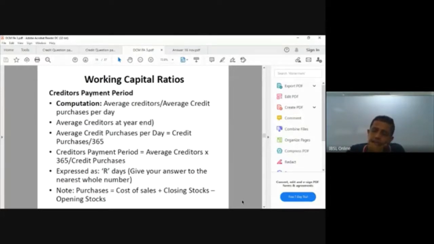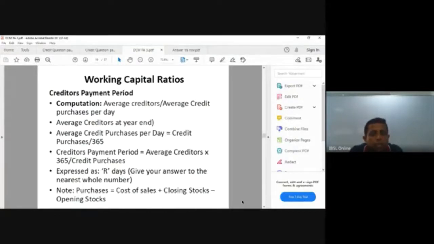Then under working capital ratios, the third one is creditors payment period. Here also we calculate from our side what is the time we take to repay creditors.